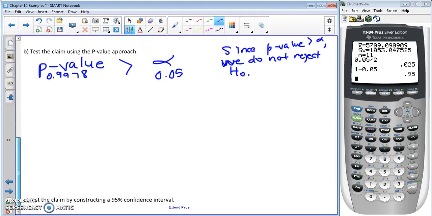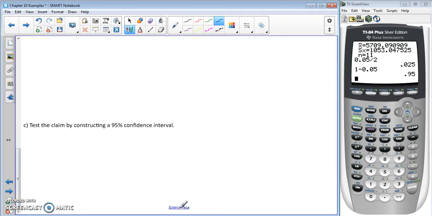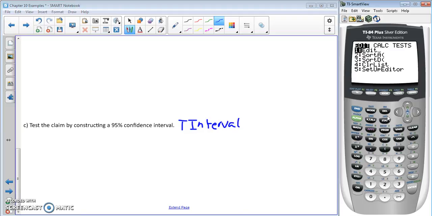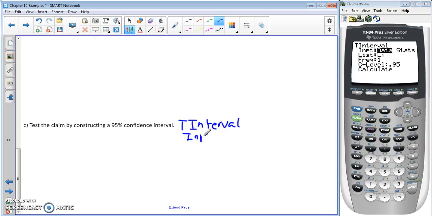And then lastly here, we want to test the claim using the 95% confidence interval. So here we're going to do T interval. So stat, test, and then T interval. Our input is going to be data, and our list is in L1.